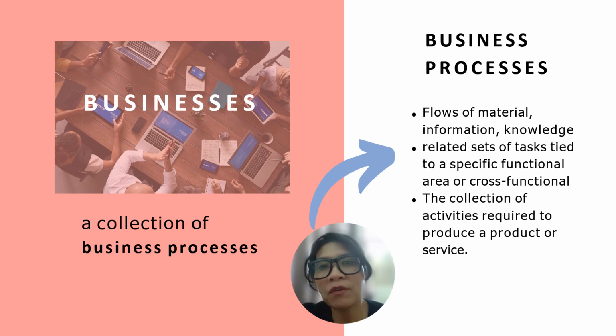So functional areas here means the departments, like marketing or operations, or they can span across multiple departments. They represent the collection of activities required to produce a product or deliver a service. So, business processes are the building blocks that keep businesses running smoothly and efficiently.